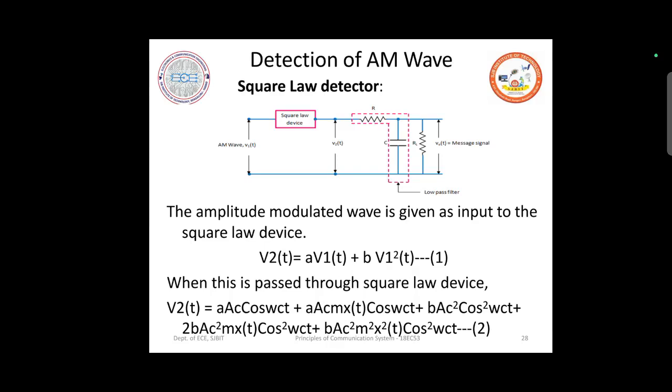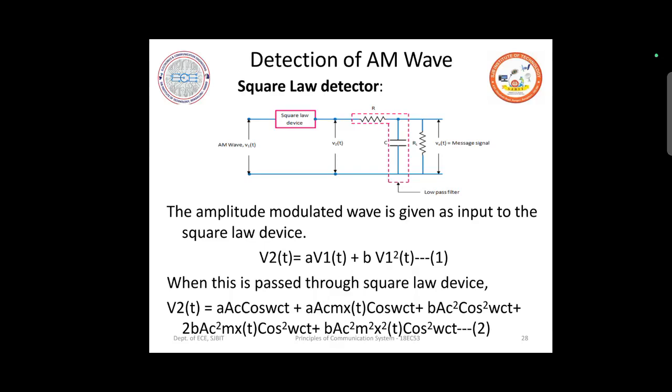If the input is v1 of t, which is a modulated wave, v2 will be some scalar a times v1 of t plus b times v1 square of t. We limit ourselves to second degree because higher orders will not contribute much. When this is passed through the square law device, what we get is an output v2 of t.